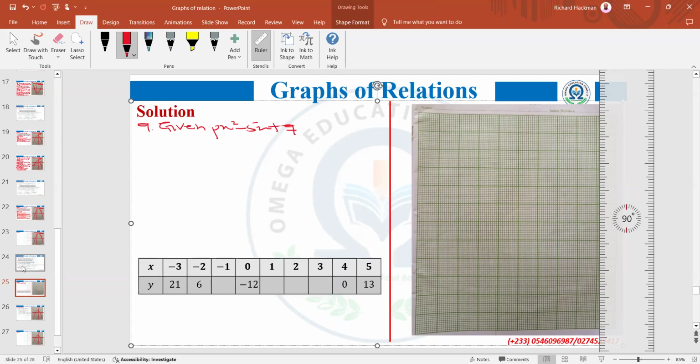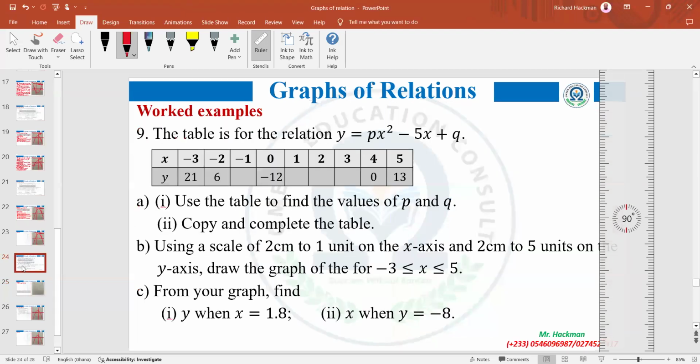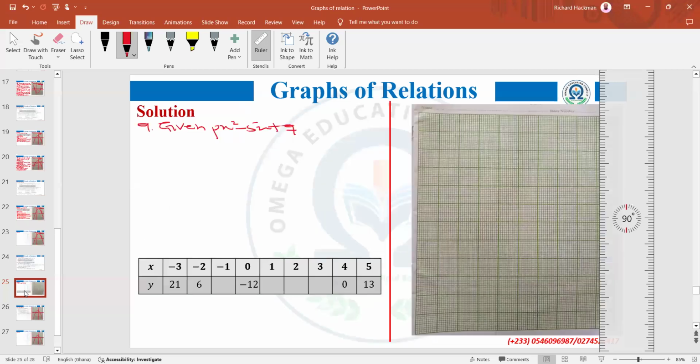I need to find the values of P and Q first, because I want my copy and complete the table to take the position for (ii). That's why I am doing that. So now let's go to exactly what we were doing.